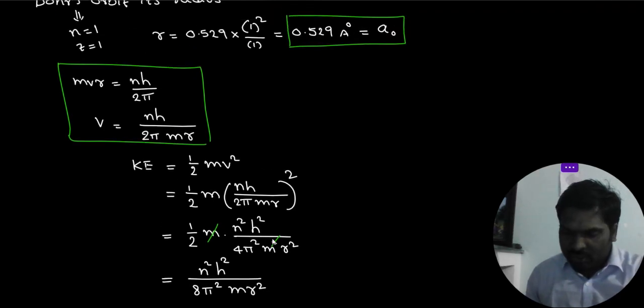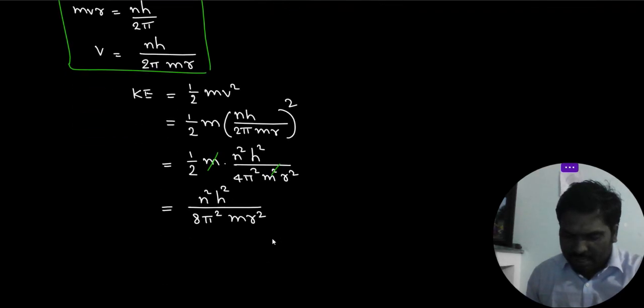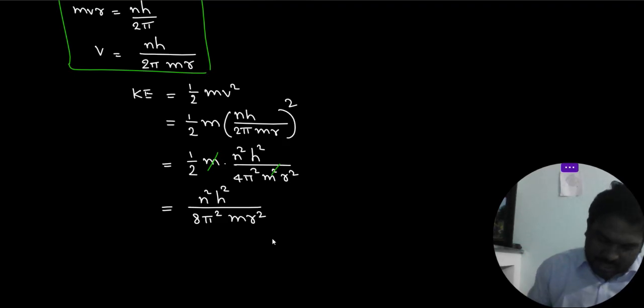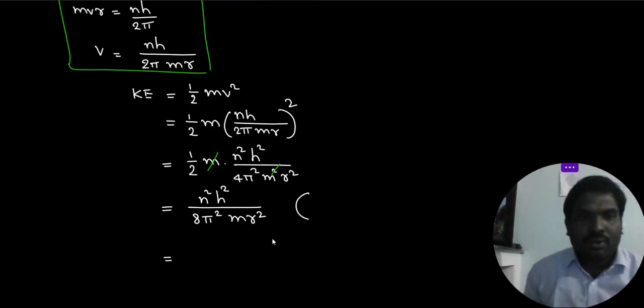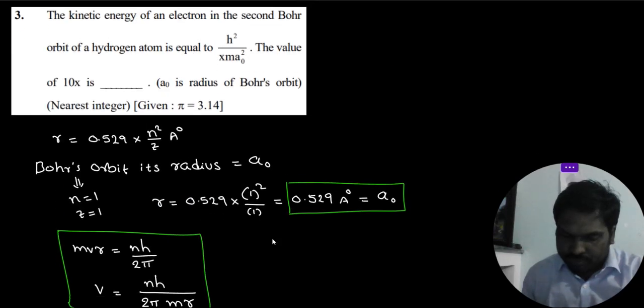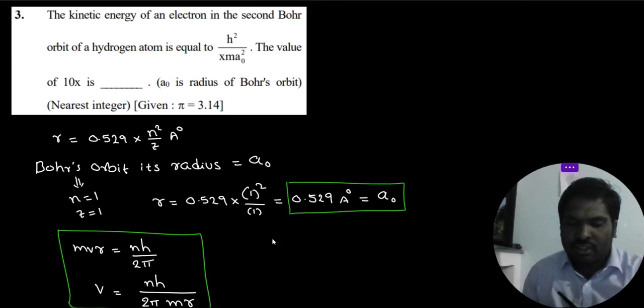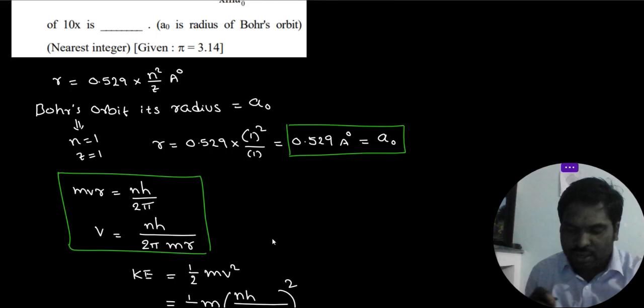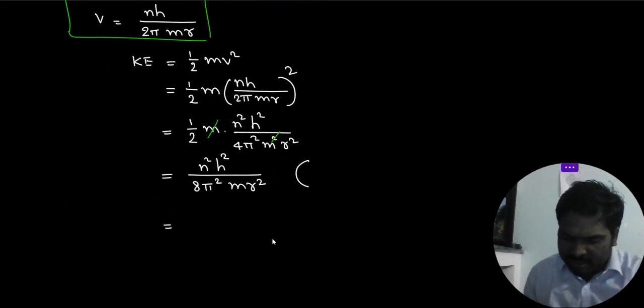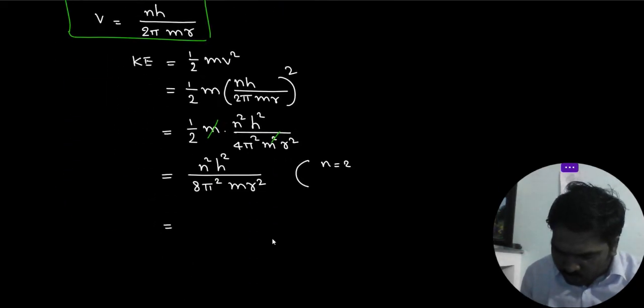That r we can take from the r formula. Here in the question, the kinetic energy of an electron in the second Bohr's orbit of hydrogen atom is equal to h square by x m a naught square. Second Bohr's orbit of hydrogen atom means n equal to 2 and Z equal to 1.